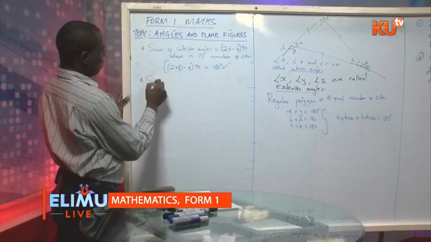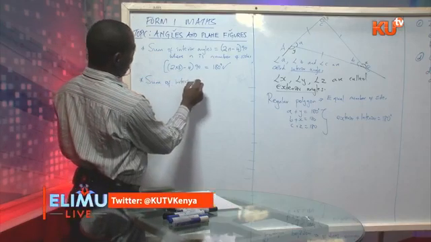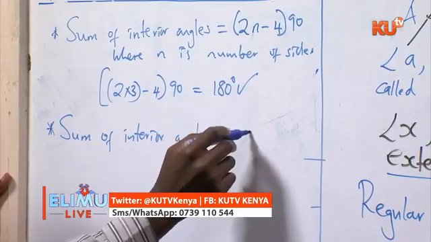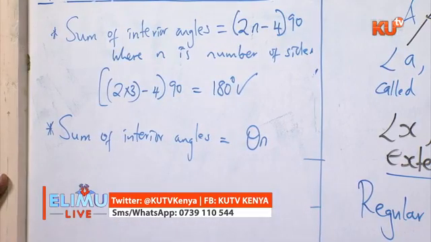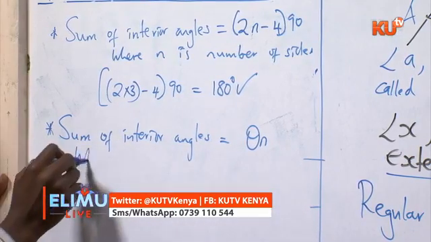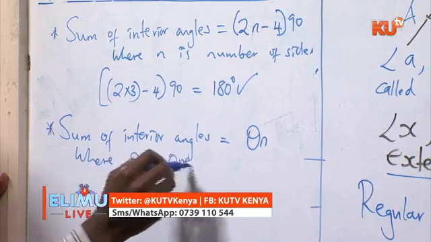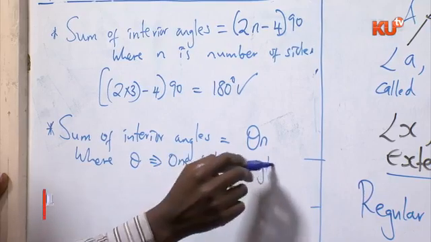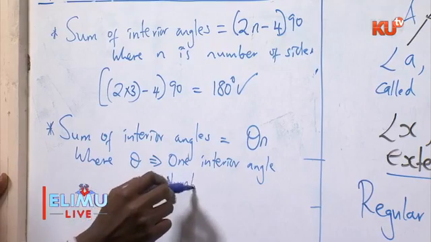Similarly, the sum of interior angles will always be given by theta times n, where theta is simply one interior angle, and n is the number of sides.